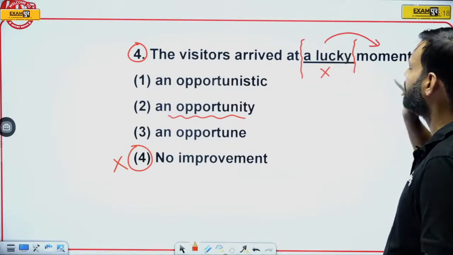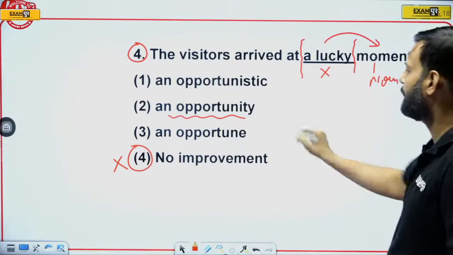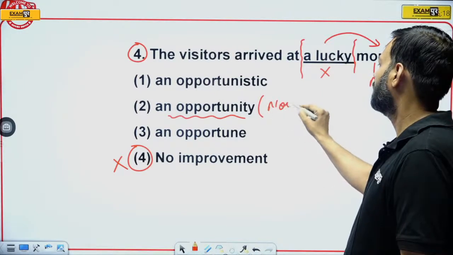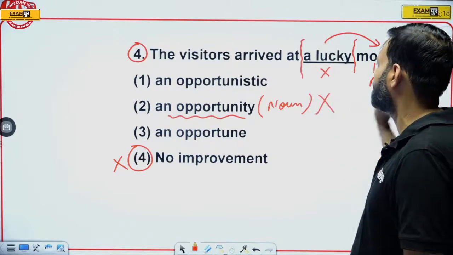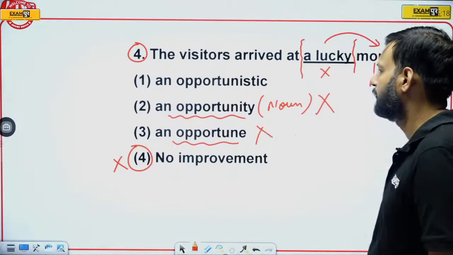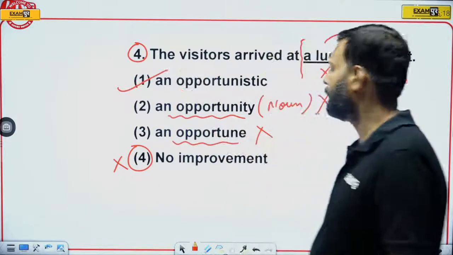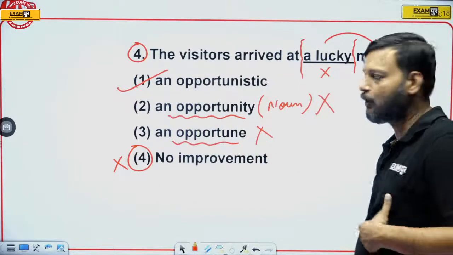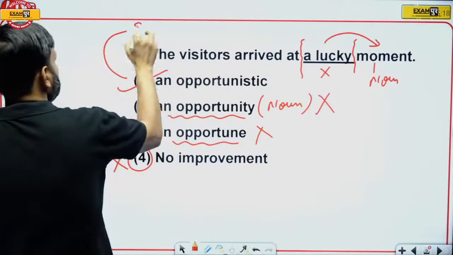So remember, here we have to use an adjective because we already have a noun here. Opportunity is a noun as well, and a noun before a noun is not possible. That's why this cannot be the answer. Opportune is not a word. So here the correct option would be 1, an opportunistic moment.